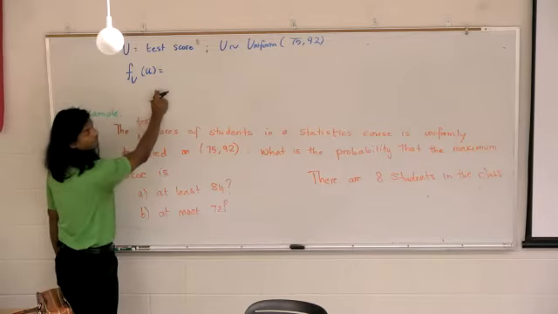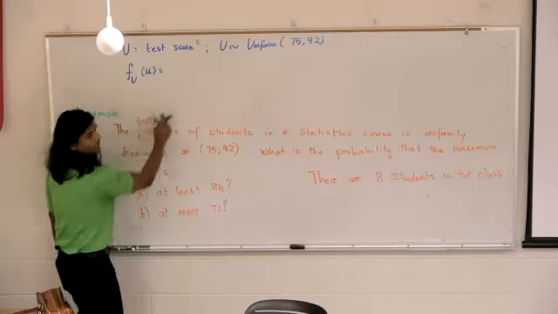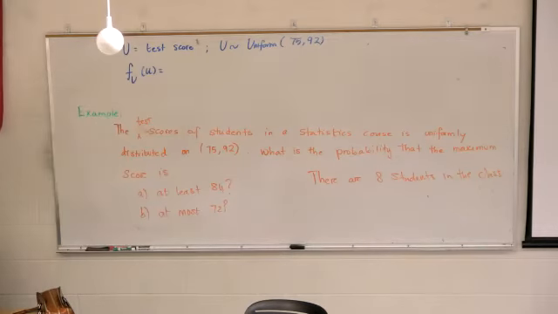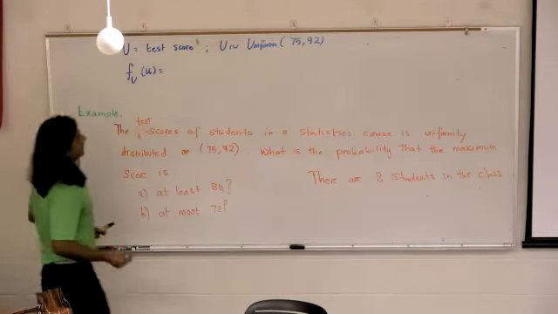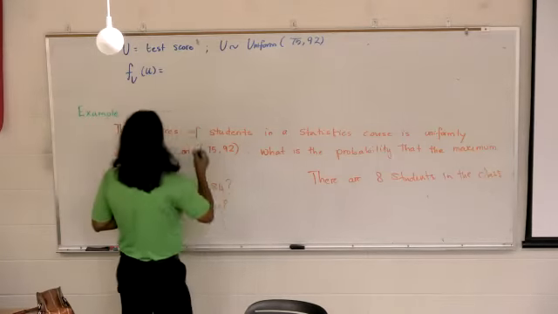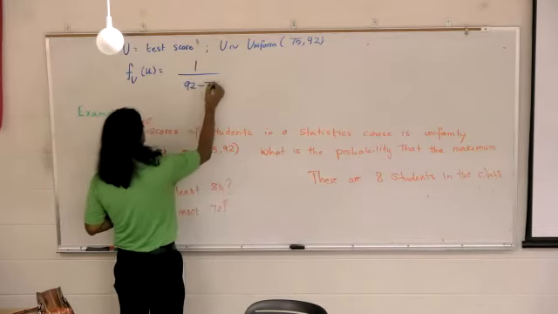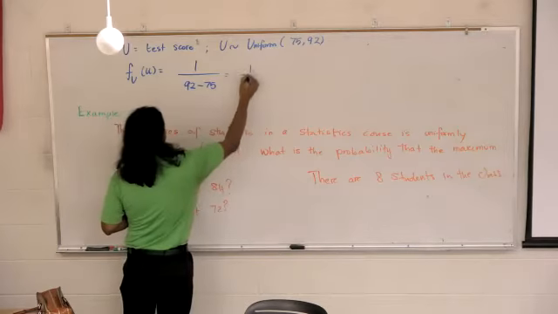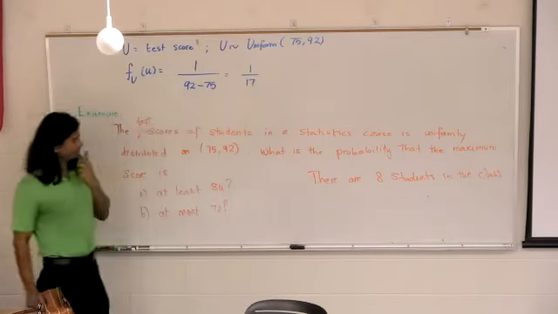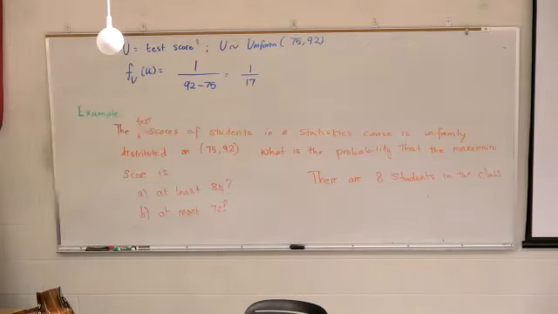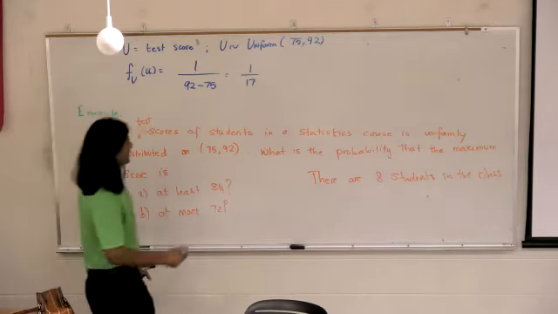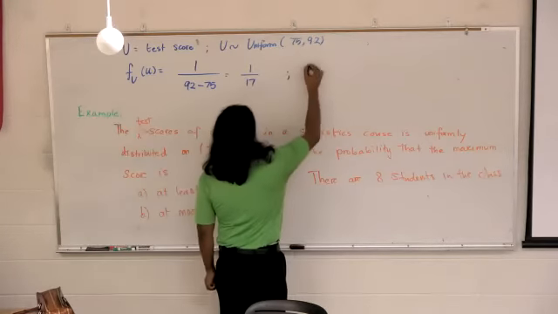It's one over 92 minus 75, that is 1/17. That will integrate to one for sure. What about the CDF?